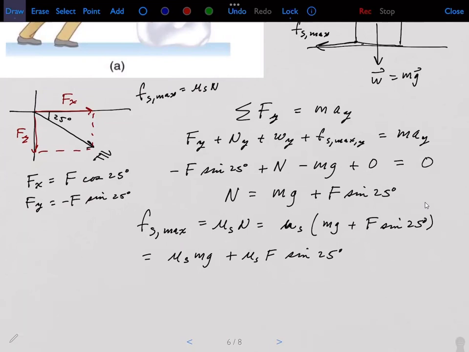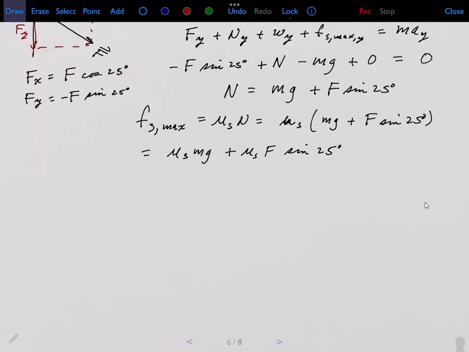Okay, let's go now to the x direction. Can't do much more with the y direction. So now in the x direction, I have the sum of the forces in the x direction equals max. So I want the x component of the applied force plus the x component of the normal force plus the x component of the weight plus the x component of Fs max.